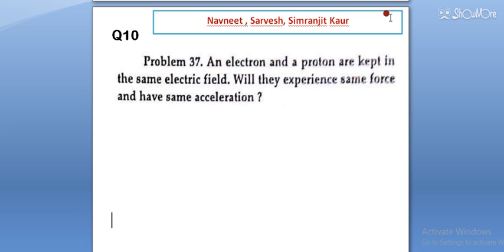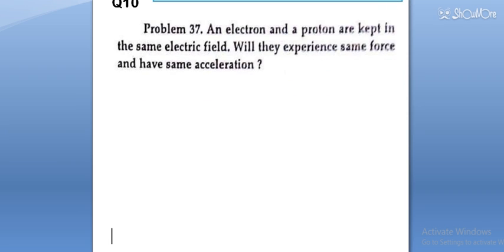So the next question is, an electron and a proton are kept in the same electric field. Will they experience the same force and have the same acceleration? So students, we have to see whether they experience the same force or not.